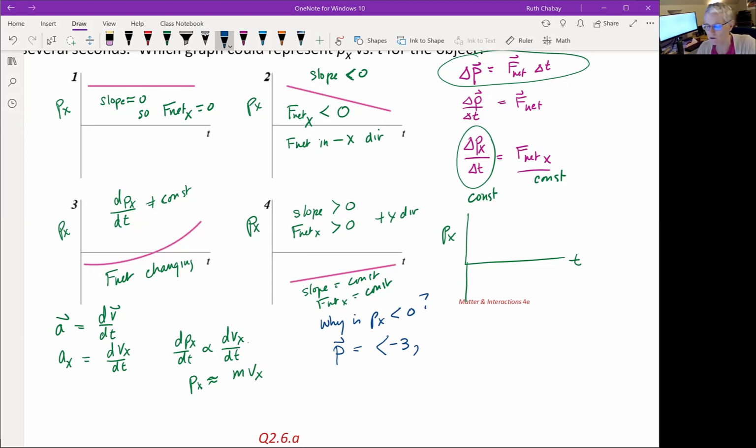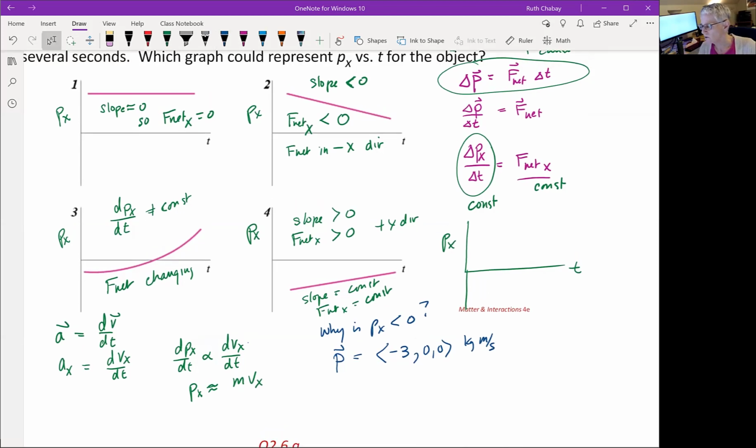We're moving in only one direction here. 0, 0 kilogram meters per second. It just means that the object is moving in the negative x direction, and as Marcos says, that must mean that the momentum is in the opposite direction to the force.